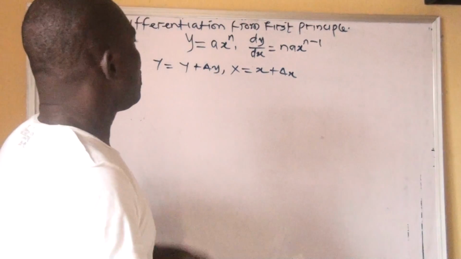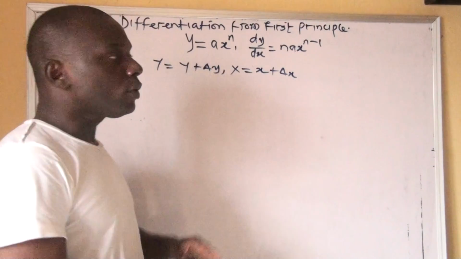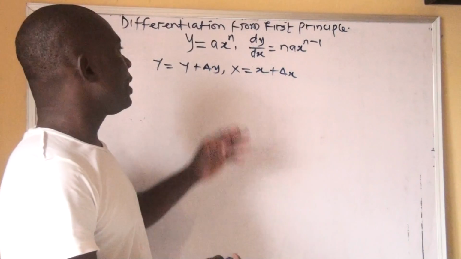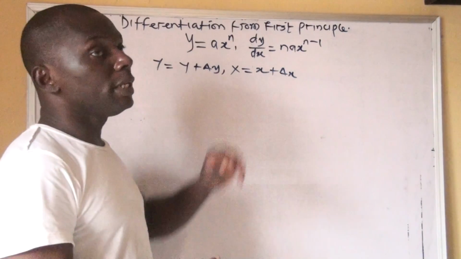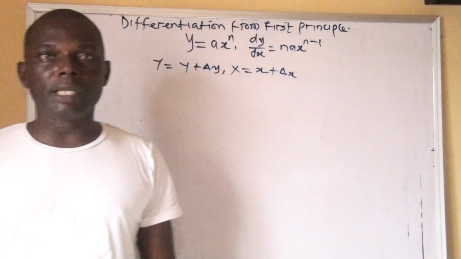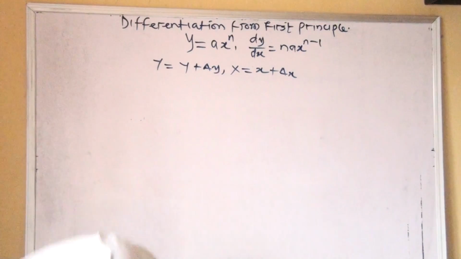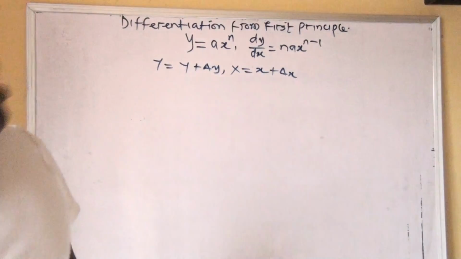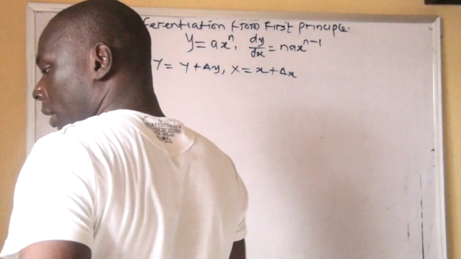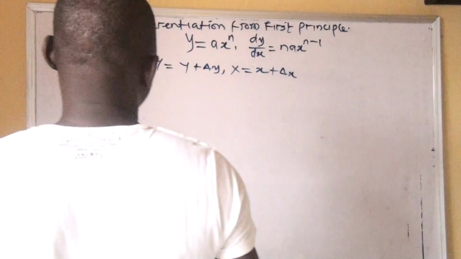That is the change. So y plus change in y, x plus change in x. We're going to use this path to establish the derivative of y is equal to a x raised to power n.